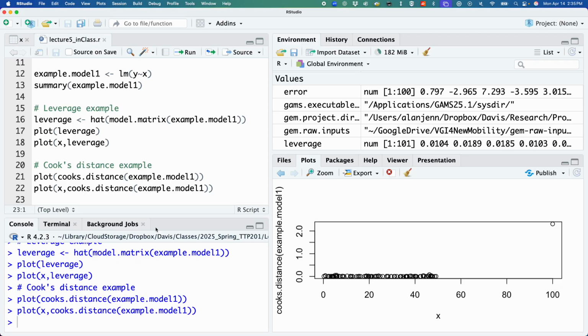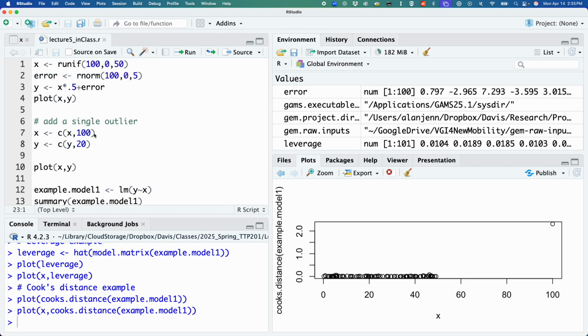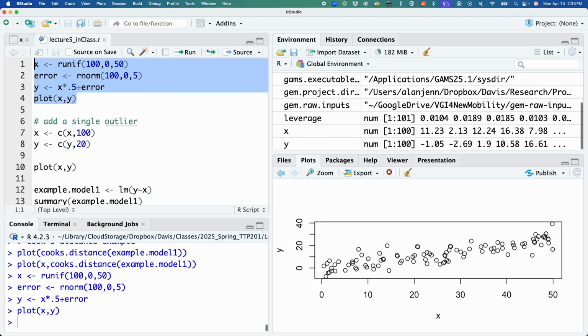But imagine that instead I did this. Let me rerun these. Let's say this is an outlier here, but then this is like 25. Okay.